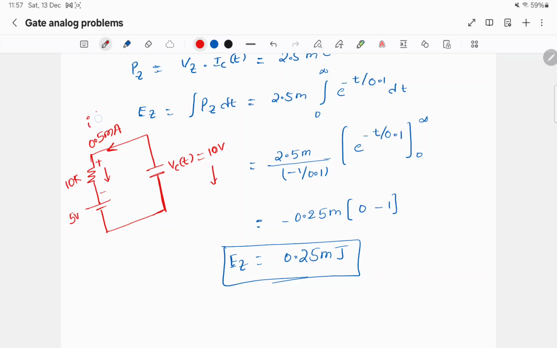So I will also decrease, current flowing will also decrease. When this capacitor voltage reaches 5 volts, the current will be 0. I will be 0 because the zener diode will turn off if Vc of t is less than 5 volts.